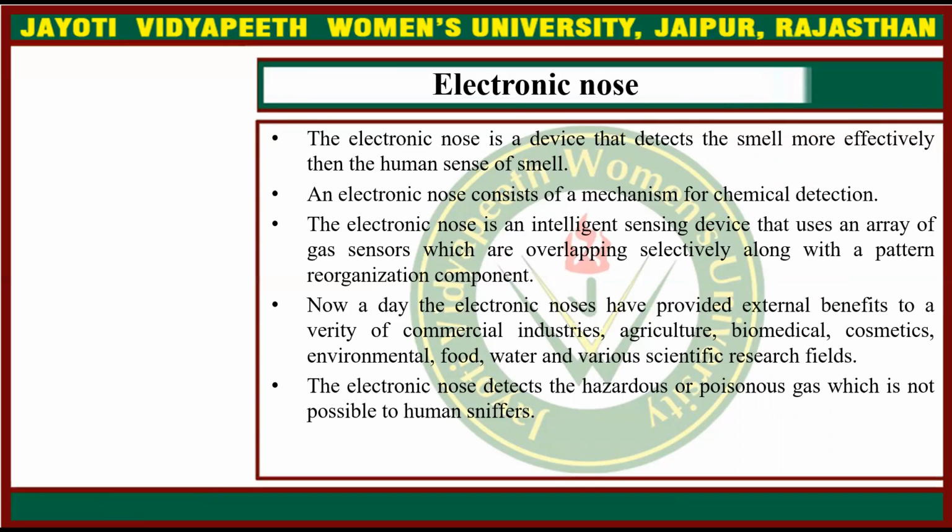Nowadays, electronic noses have provided benefits to a variety of commercial industries: agriculture, biomedical, cosmetics, environmental, food, water, and various scientific research fields. The electronic nose detects hazardous or poisonous gas, which is not possible for human sniffers.